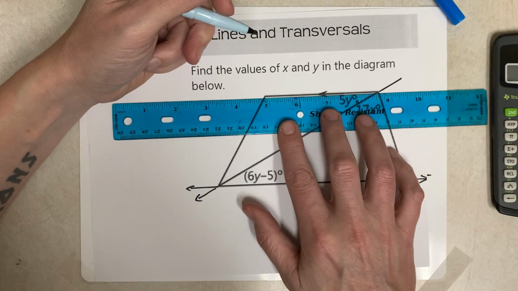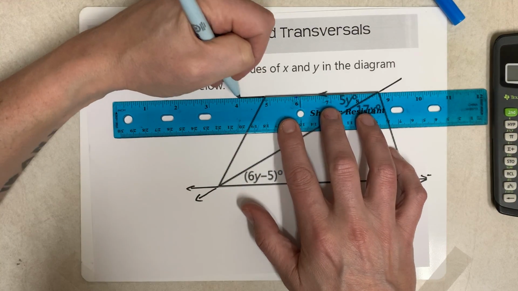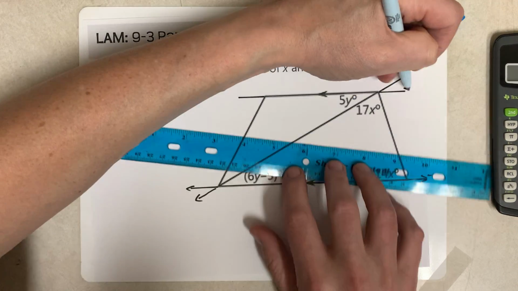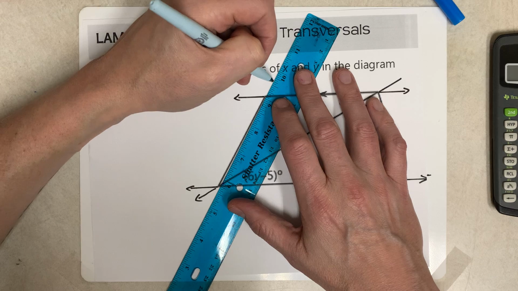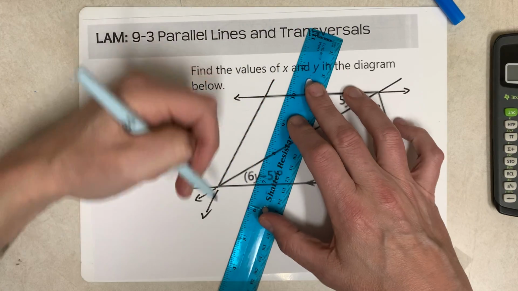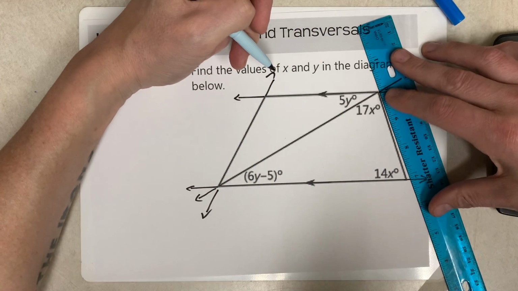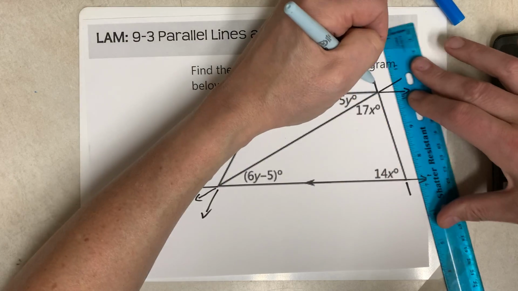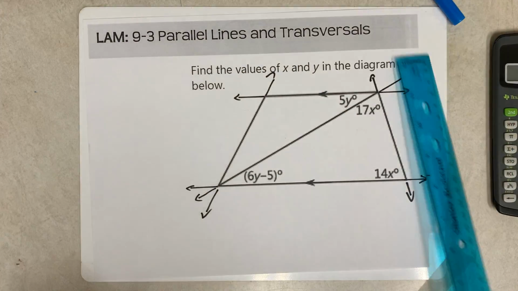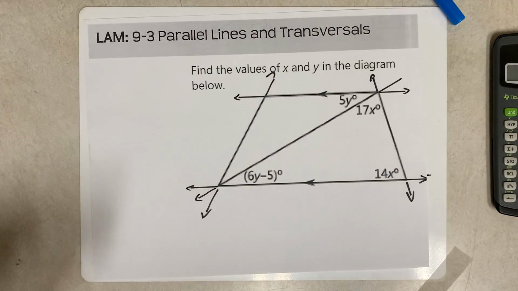Okay, this one, let's go like this, and extend this one a little bit. And we'll extend this one a little bit just to see. All right, so let's see.